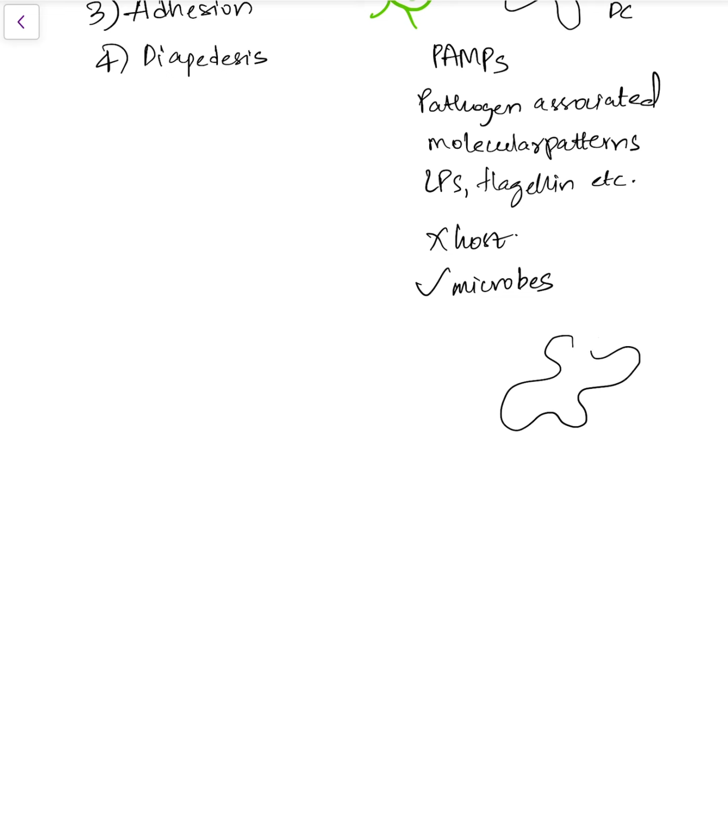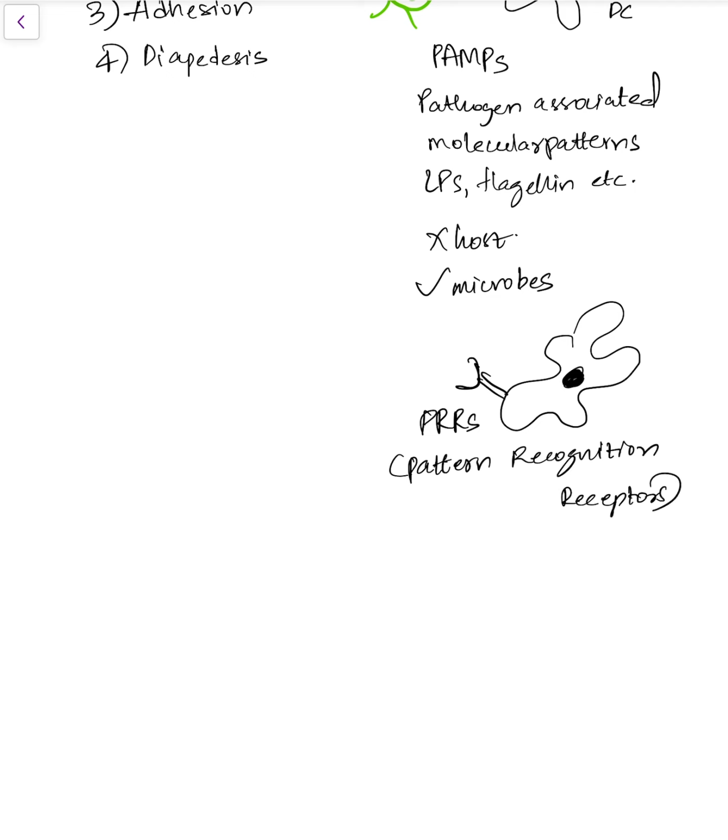So the dendritic cells will have certain receptors called PRRs, or pattern recognition receptors. These pattern recognition receptors recognize PAMPs.